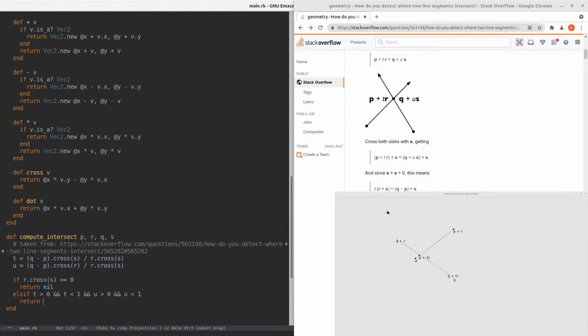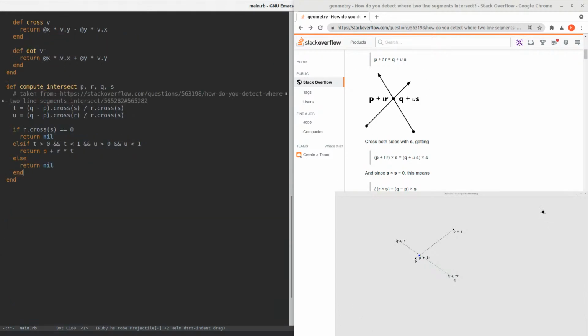So p plus r times t. Else, the other condition is that it's outside of this range. So we'll also return nil in this case.